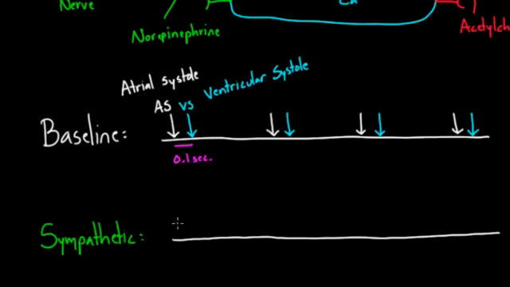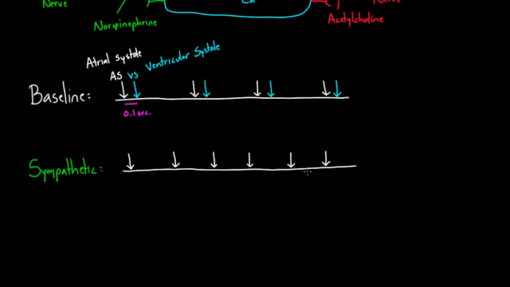Because my SA node is going to fire more frequently. The heart rate's going to go up. So instead of just 4, I guess I'll have maybe, looks like 6. 6 heartbeats.